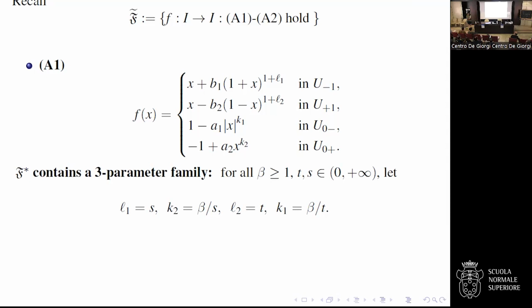If you fix any beta greater than or equal to 1, and then for arbitrary T, S, you can just choose your map with these constants, L1 equals S, K2 is this, L2, K1 is equal to this, and you get a map in F star. So you can think of it as a codimension 3 family inside this family. It's a kind of persistence, and I think this is an important feature of this map.